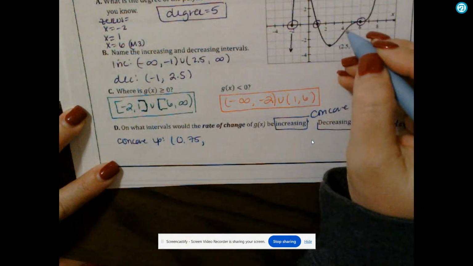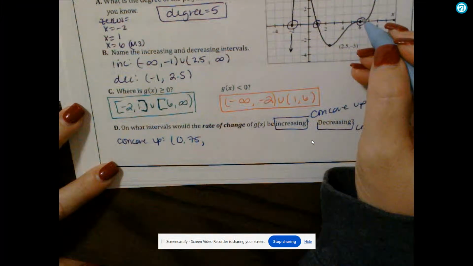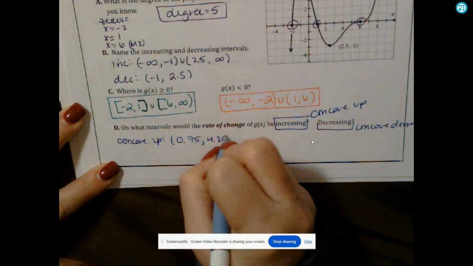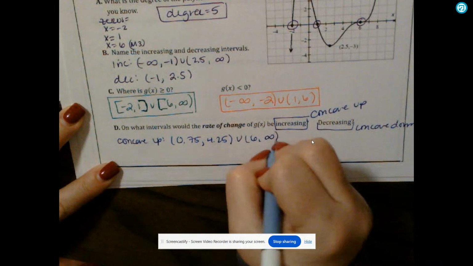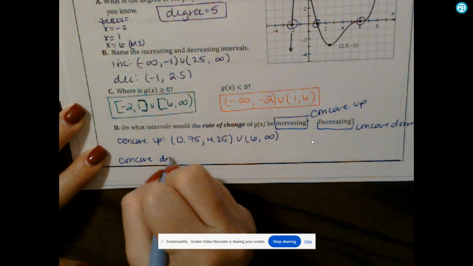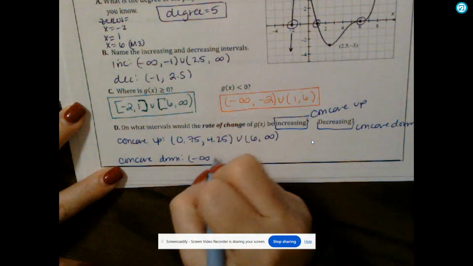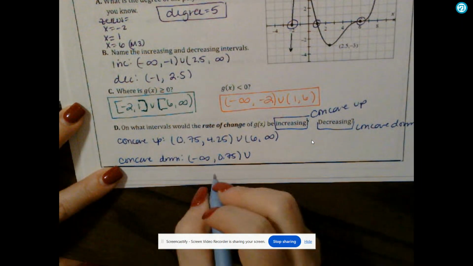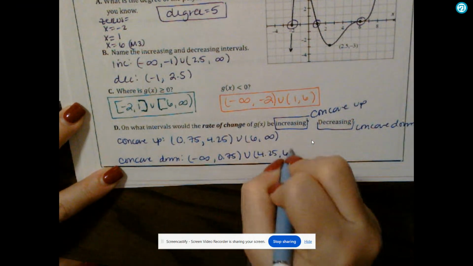And that's going to happen all the way over here, halfway between here, which will be 4.25. And then again from 6 on to infinity. And then we are concave down from negative infinity, because we start down, to that 0.75 point. And then from 4.25 up to the 6.